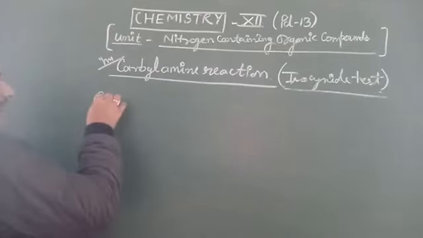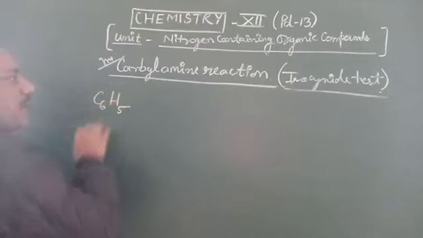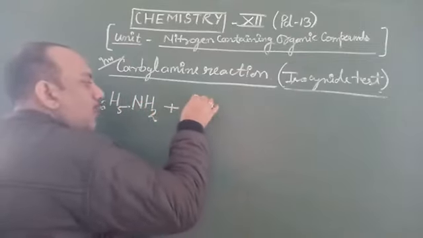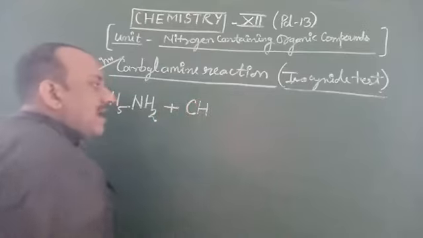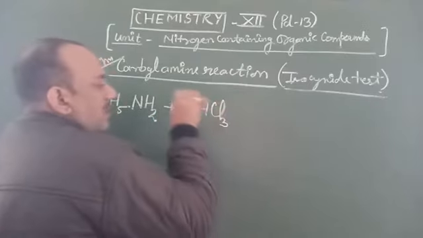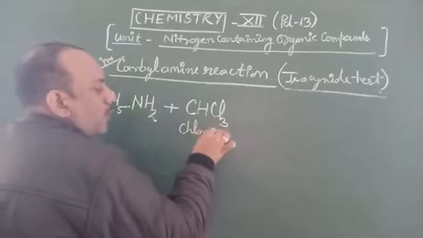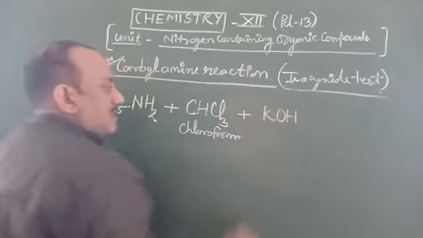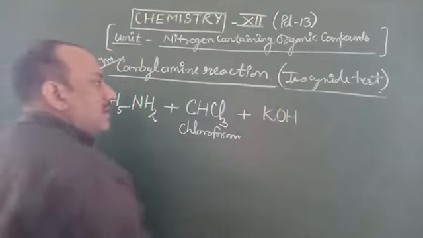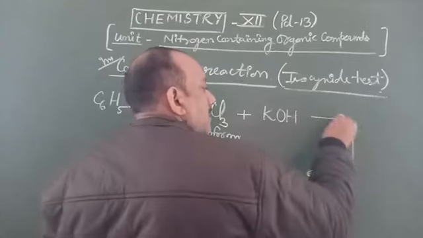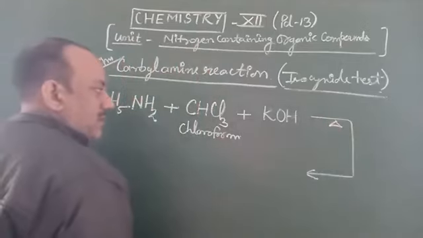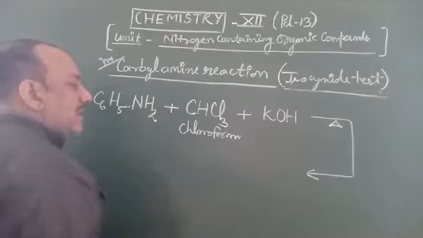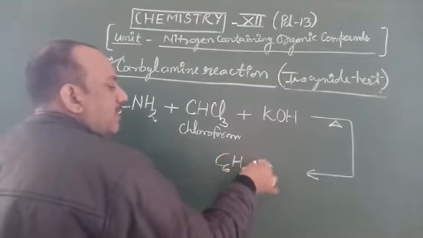So we take the example of aniline, C6H5NH2, which reacts with chloroform, in the category of haloform, CHCl3, and caustic potash or potassium hydroxide, to form a stinky smelling product named phenyl isocyanide, also known as carbylamine, C6H5NC.